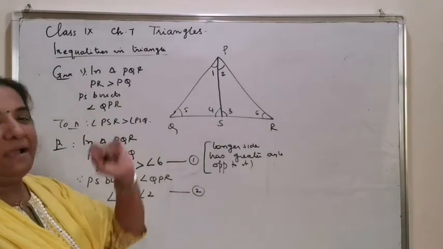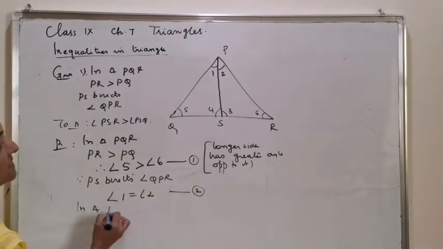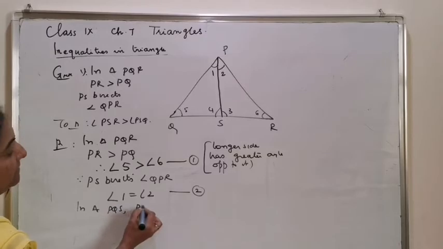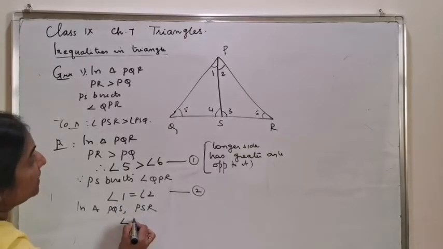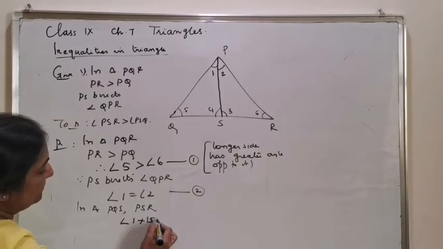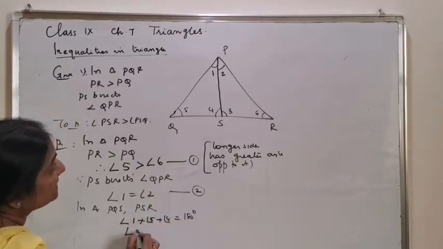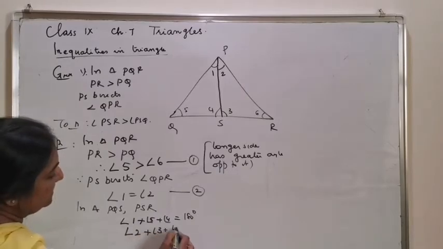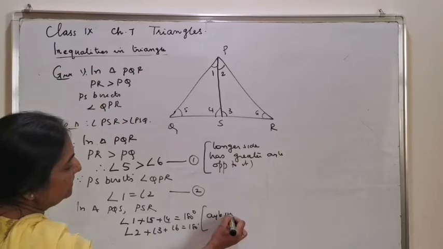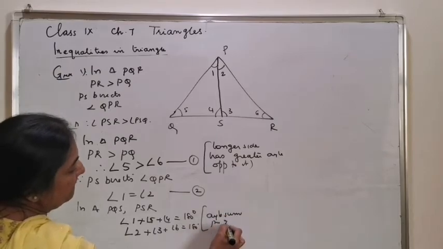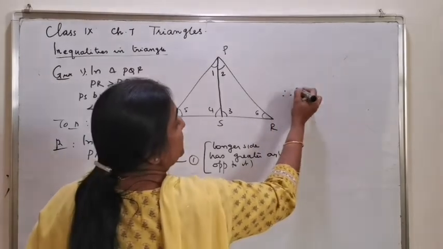Now, apply the angle sum property. That means, in triangles PQS and PSR, what are you proving? Angle 1 plus angle 5 plus angle 4 is equal to 180 degrees, and angle 2 plus angle 3 plus angle 6 is also 180 degrees, by the angle sum property of a triangle. Therefore, what can you say?